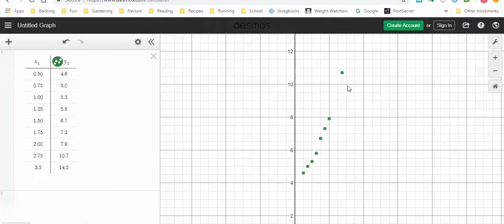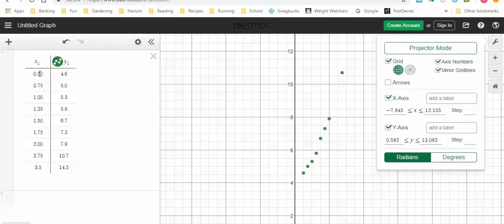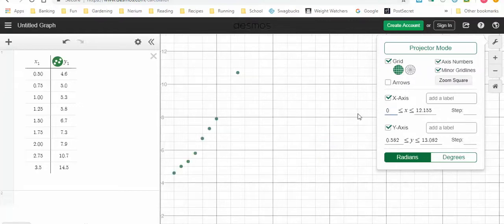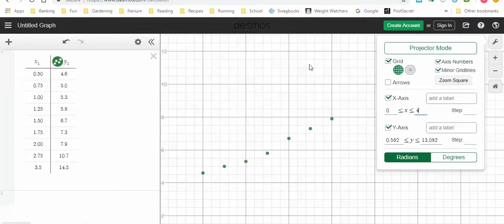Now, it's kind of hard to tell which type it is because we have so much blank space. So what I'm going to do is look at my x values. They go from 0.5 to 3.5. So I'm going to click on the little wrench here in graph settings. My x's basically go from 0 to 4, so I'm going to change this to go from 0 to 4.